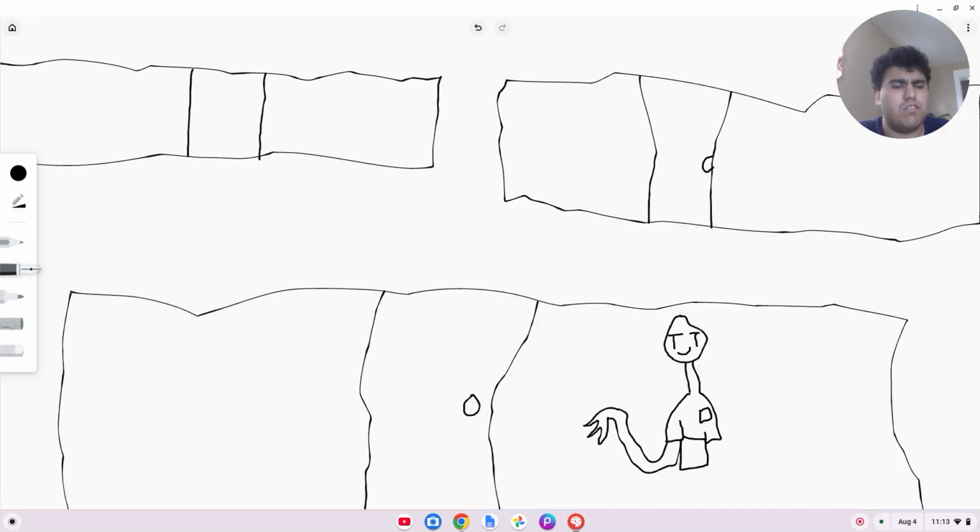Let's just make this into a girl character. So let's do it like this. I don't know how you draw the eyelashes, but like I said, it doesn't have to be perfect. Now we gotta draw the pants.